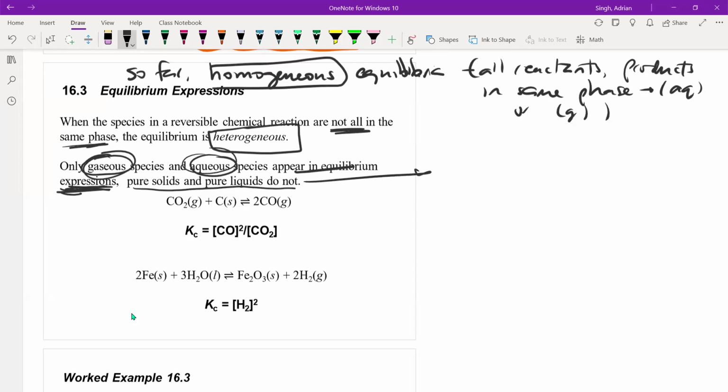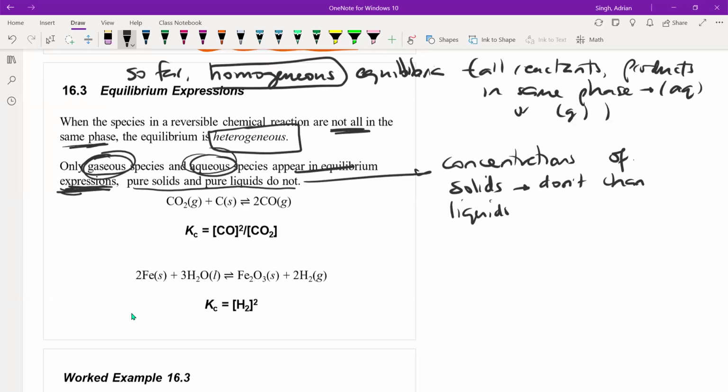And the reason is the concentrations of solids don't change, and the concentrations of liquids don't change either. They're constants, in other words. And as a result, we don't need to incorporate them in our equilibrium expression and in our calculation as well.